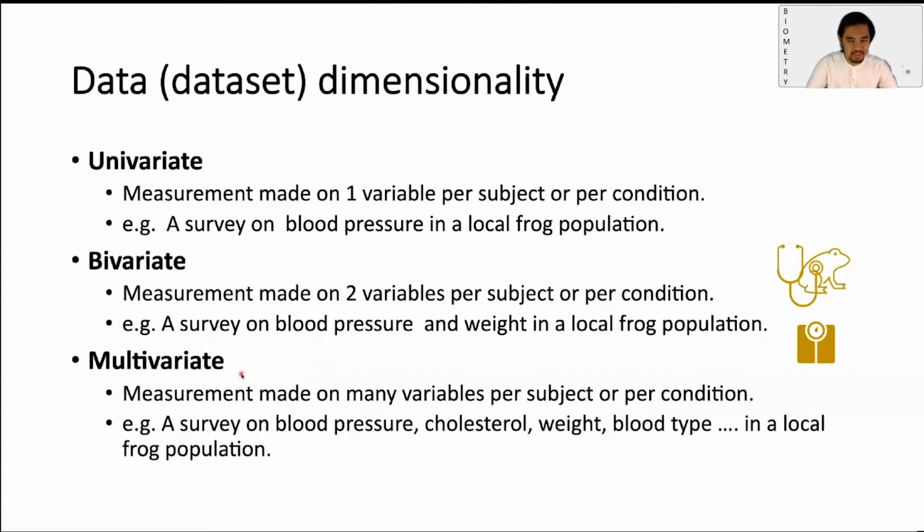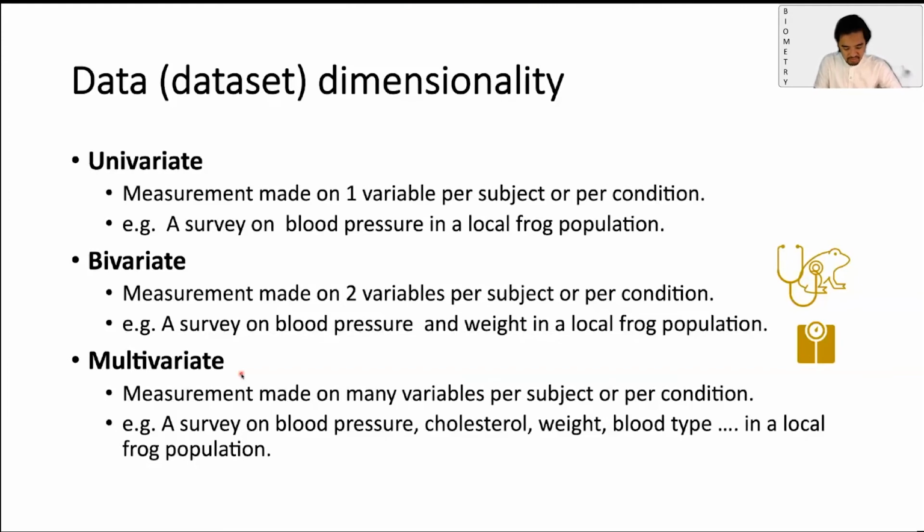I guess you pretty much guess what is meant by multivariate. I just want to repeat the definition: you measure many variables, for example per subject or per condition, or it can be many conditions. Not just per condition, it is also based on many conditions.